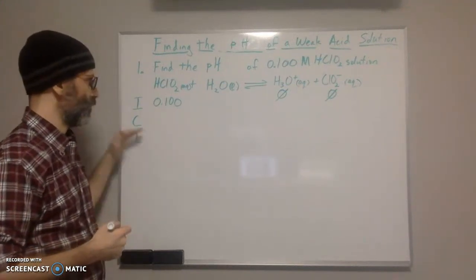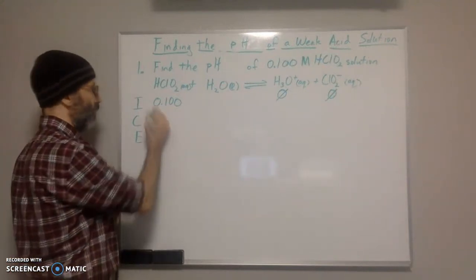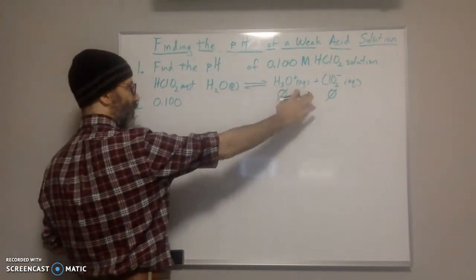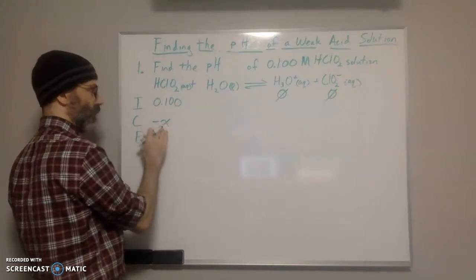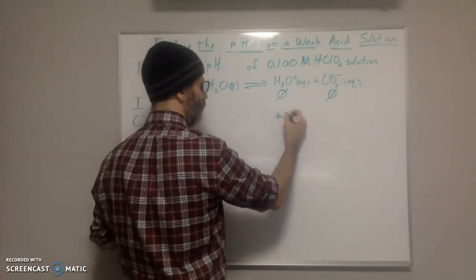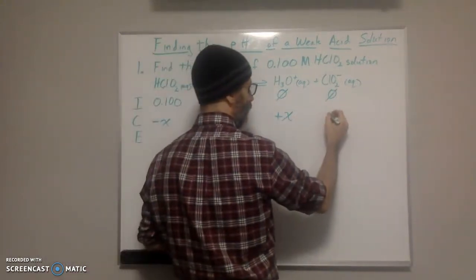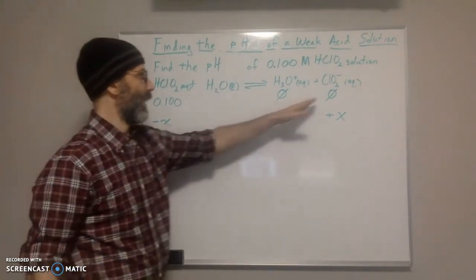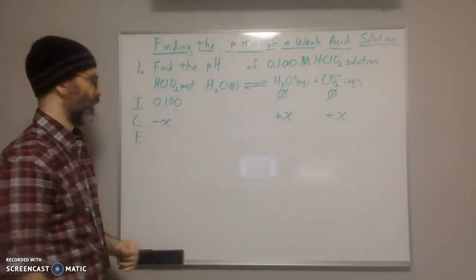So at this point we're going to do our change. Obviously, it's going to go in this direction, so we're going to lose some reactant. It's all 1-to-1 ratios here, so it's going to be a negative X. We're going to lose some of our acid, but we're going to gain the same amount of H plus, hydronium, and the same amount of the anion because of the 1-to-1 ratio in the stoichiometry.